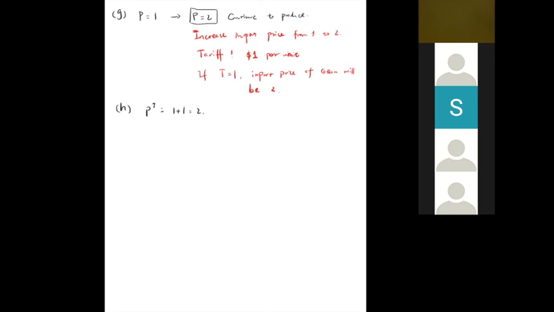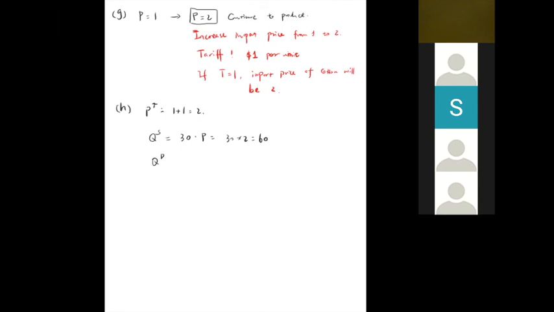So at price equals 2, from our supply curve, if price is higher or equal to 2, firms are willing to supply 30 times P. So now it's 30 times 2, so domestic firms are willing to produce 60 units in total.